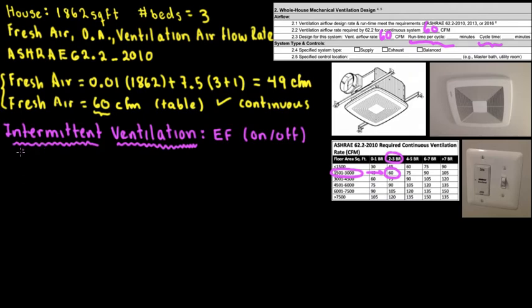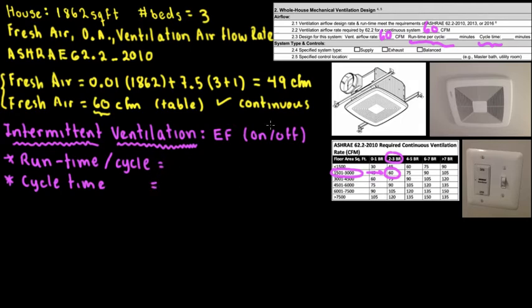That is very important for intermittent ventilation, because we're talking about two important factors: runtime per cycle, and cycle time.